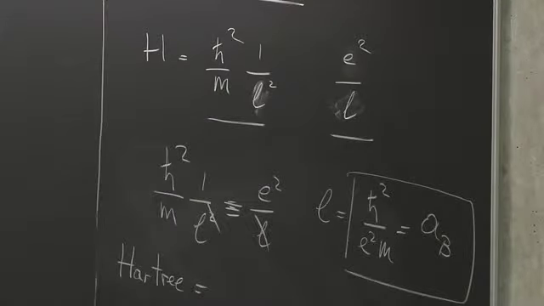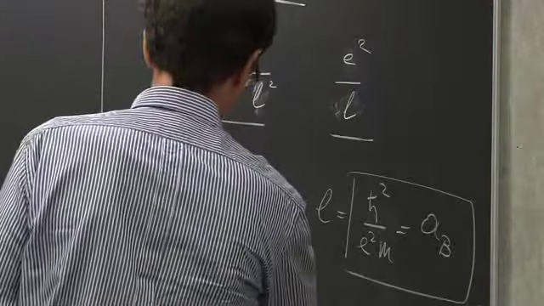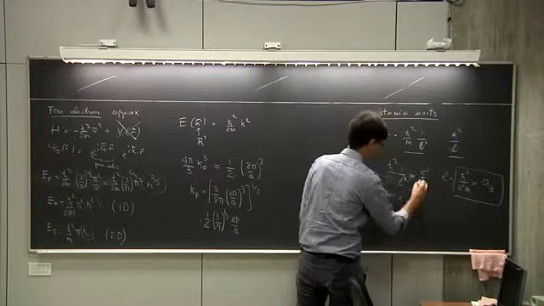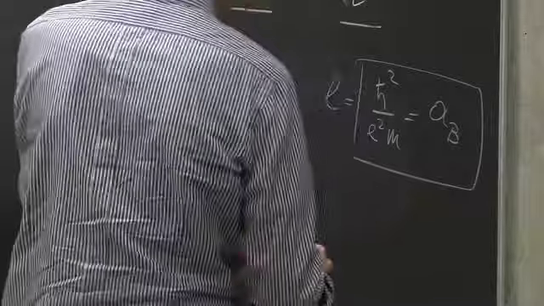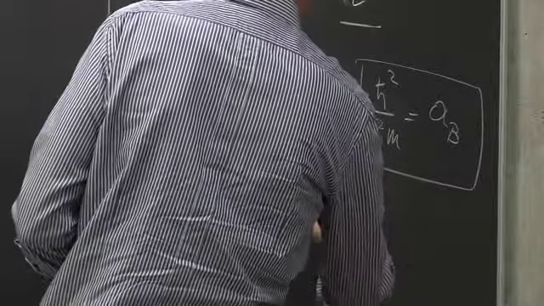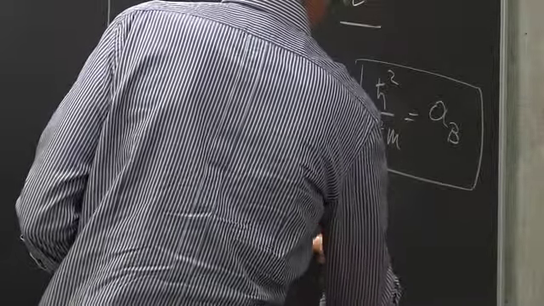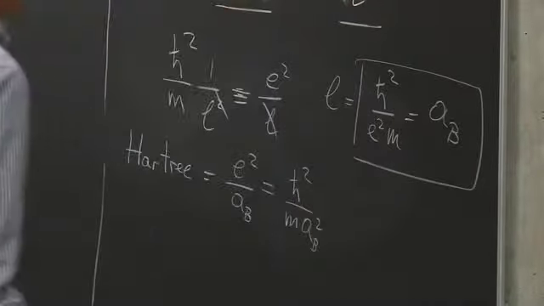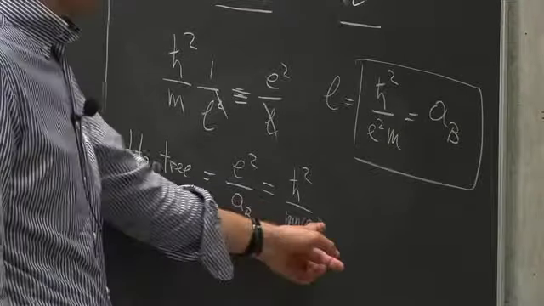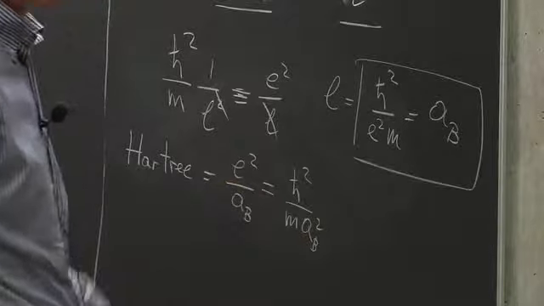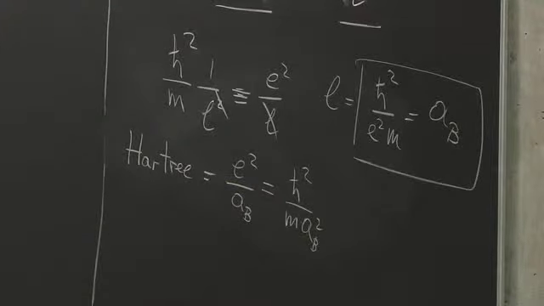One Hartree is e squared over the Bohr radius. Or equivalently, and I know they must be equal, h squared over m Bohr radius squared. They must take the same value, by the way, because I define the Bohr radius precisely as the quantity that makes these two quantities equal.